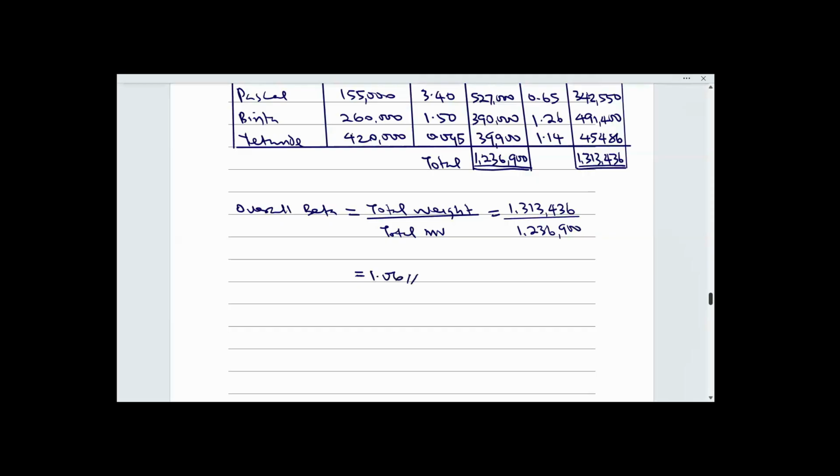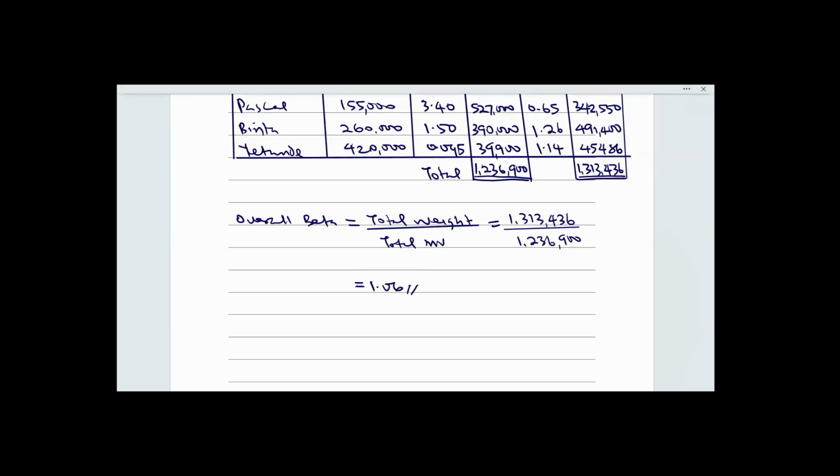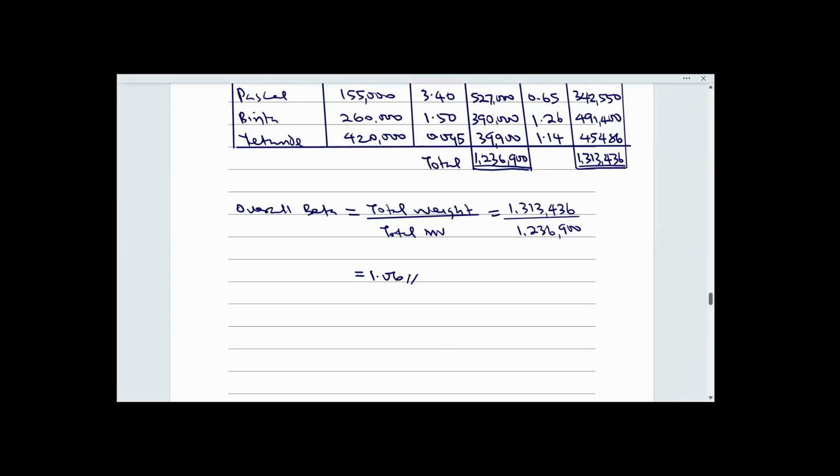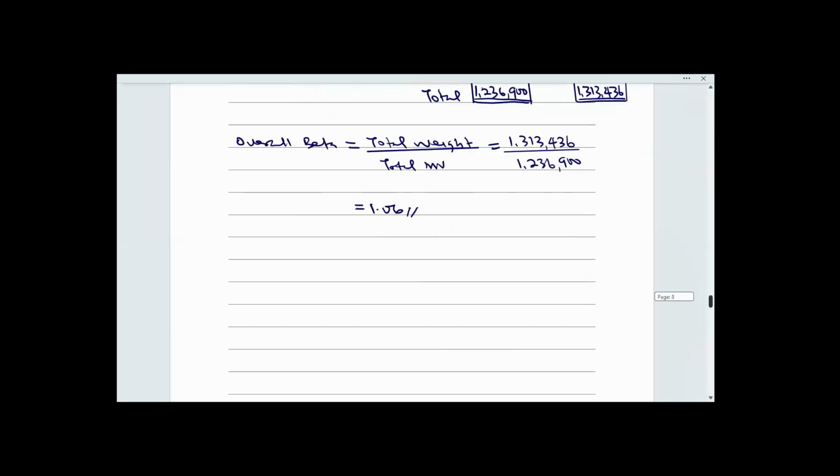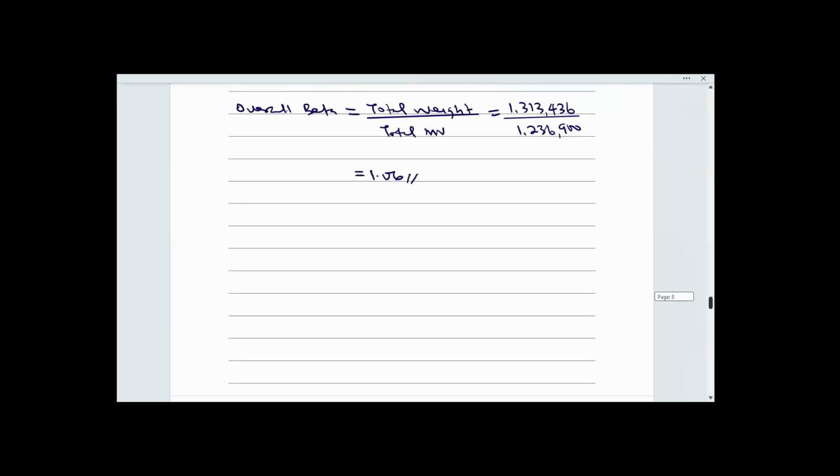So you can't just calculate 1.06 and stop. You need to comment on that. Remember, I explained that anytime you compute your beta value, you need to compare with that of the market. According to the question, the examiner is asking you to estimate the beta of smaller funds short-term investment portfolio.